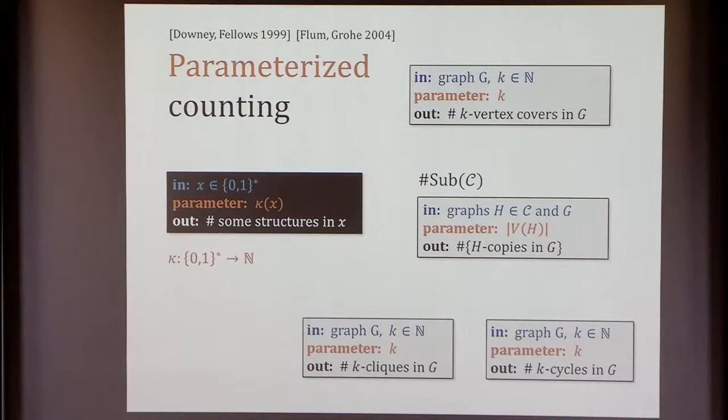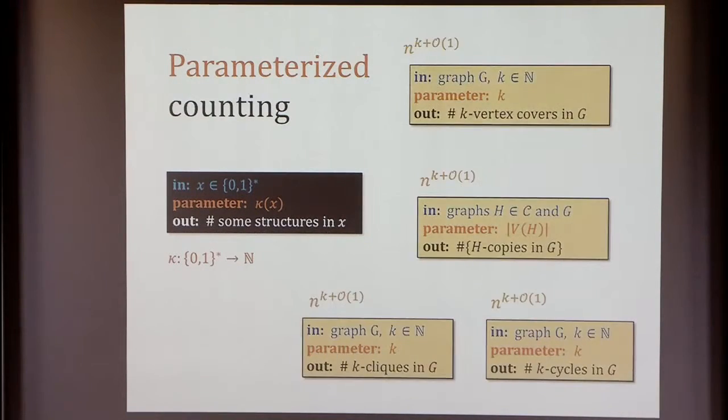So if you look at all these problems, then you can see that you can solve each of these problems in time n to the k plus some constant, because you can just brute force over all possible solutions. So this means that for each fixed k, you get a polynomial time algorithm. But the task in parameterized complexity is now to drag this k out of the exponent, so to say. So this leads to this notion of fixed parameter tractability.